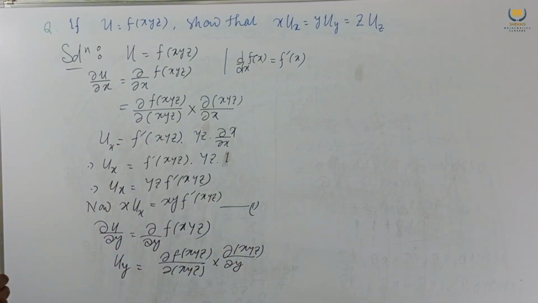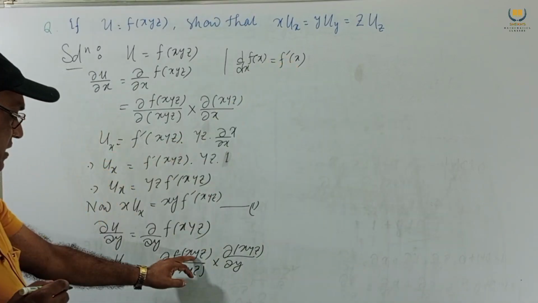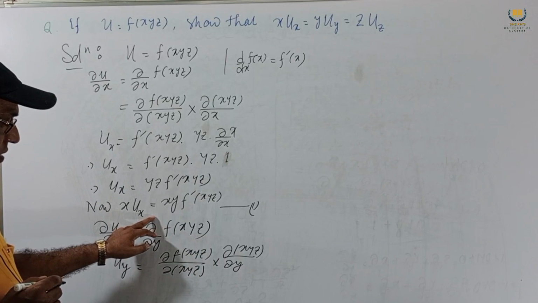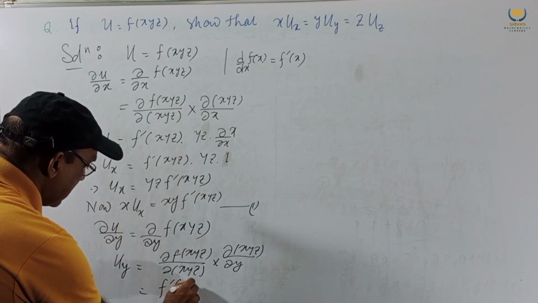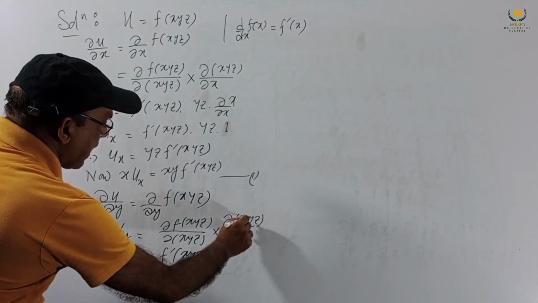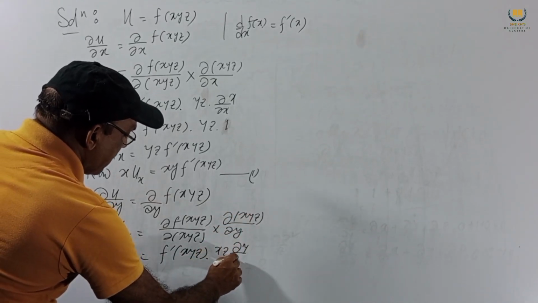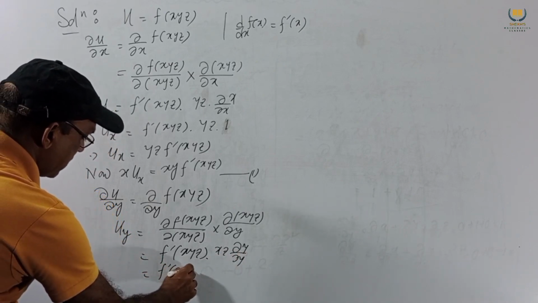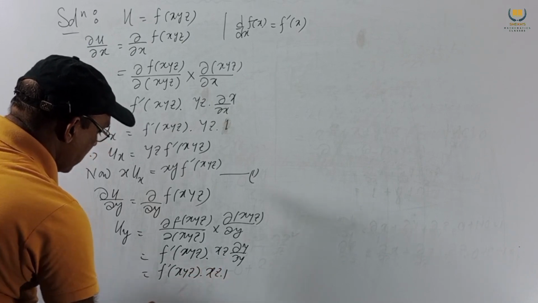Because we know that if the x is the same, then the answer is f dash x. So this cancels, ultimately we get our previous term, and this is f dash xyz, and here xz are constant, del y of y we get. This is f dash xyz into xz into 1.